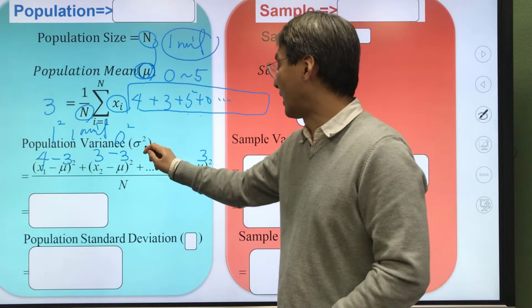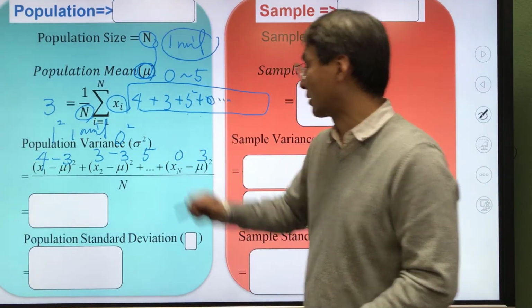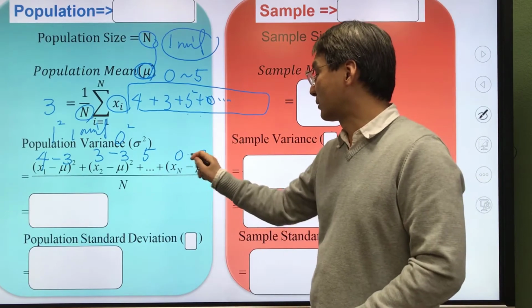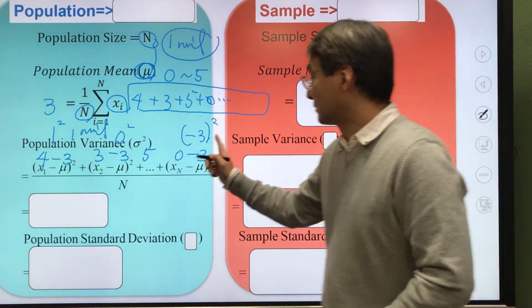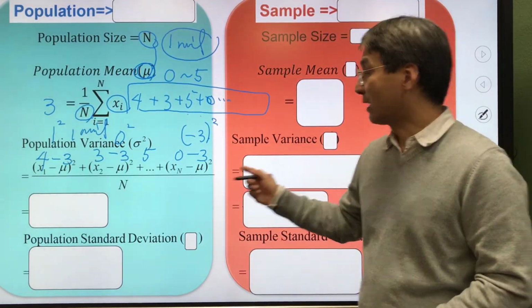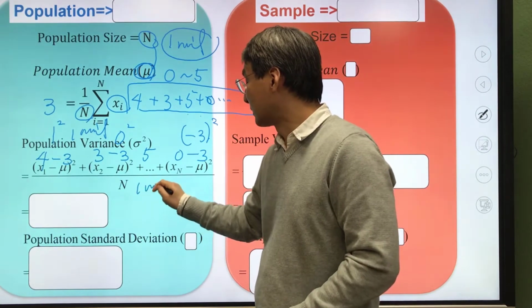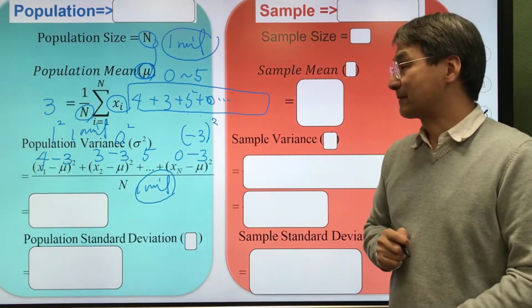Next student, let's say this is 0. Then 0 minus 3, which is negative 3, and then we square it. So there are 1 million terms in the numerator, and then we divide it by 1 million. So this is the population variance.